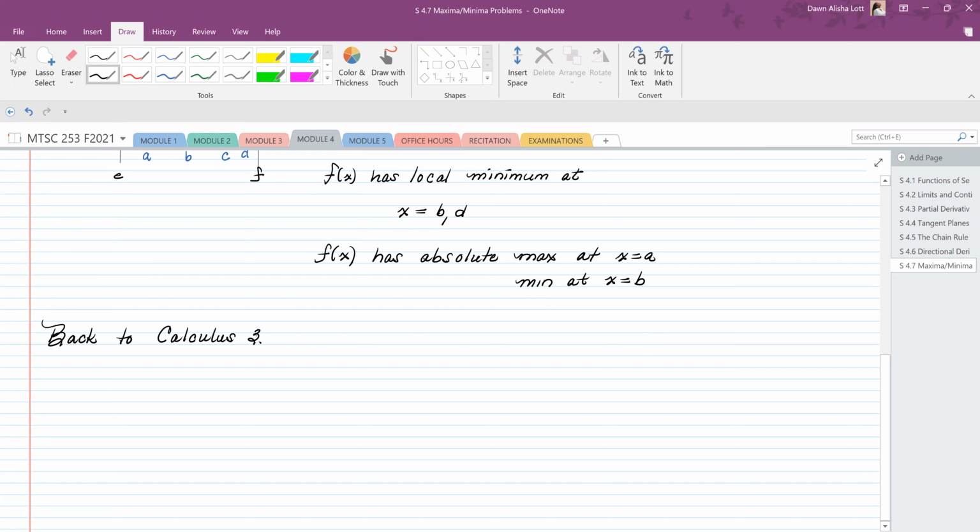Okay, so in Calculus 3, we need to generalize this theory to 3D.